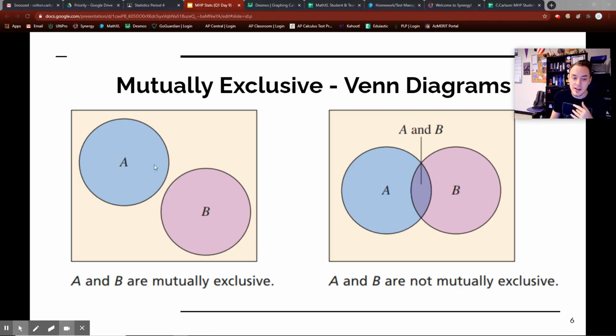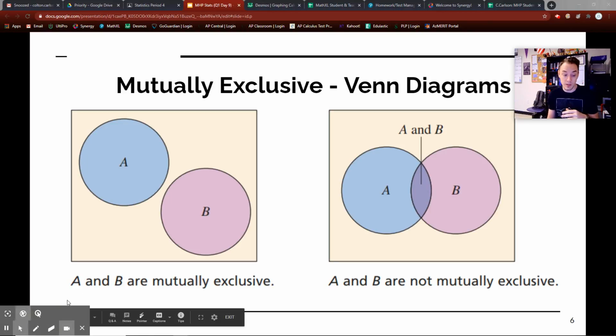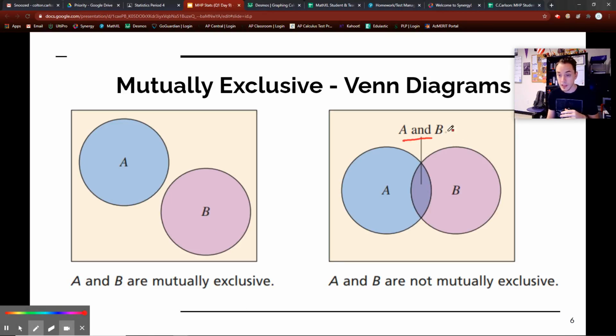So this right here, when the Venn diagrams are not touching, is what we call mutually exclusive events. They have nothing to do with each other. On the right-hand side, when the Venn diagrams are touching, we have what we call an A and B here. It's also what we call an overlap.